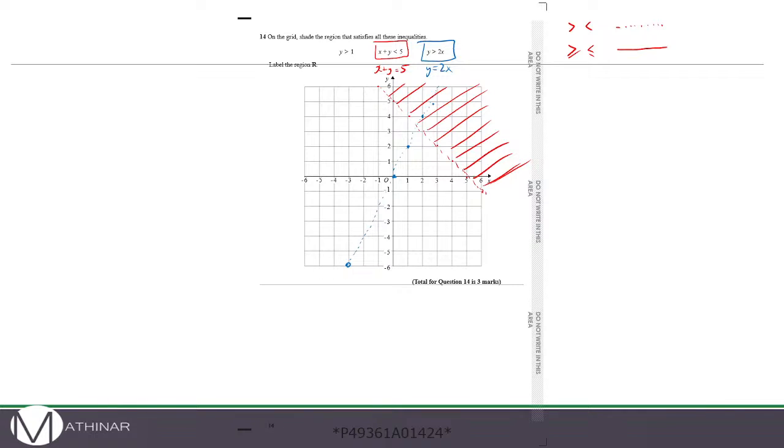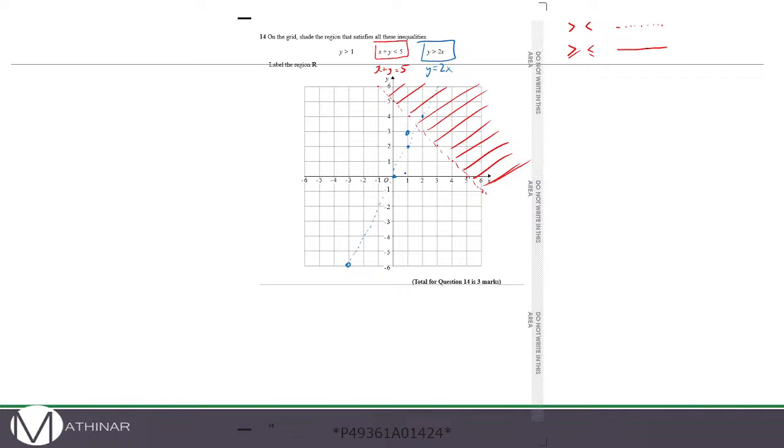And I'm interested in when y is bigger than 2x. So when is y bigger than 2x? y is equal to 2x here. Where is y bigger than 2x? If you're unsure of this, what you can do is pick a coordinate like there.